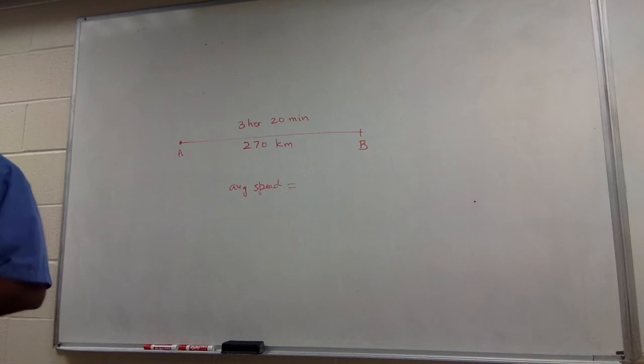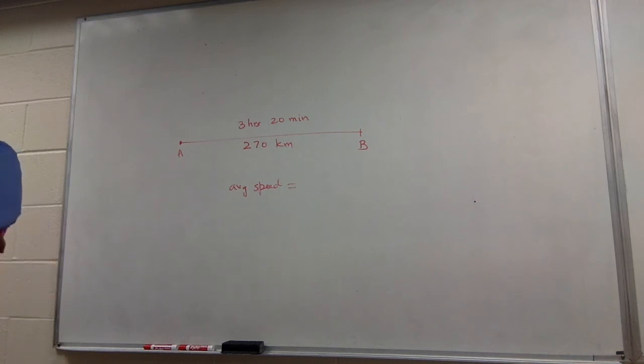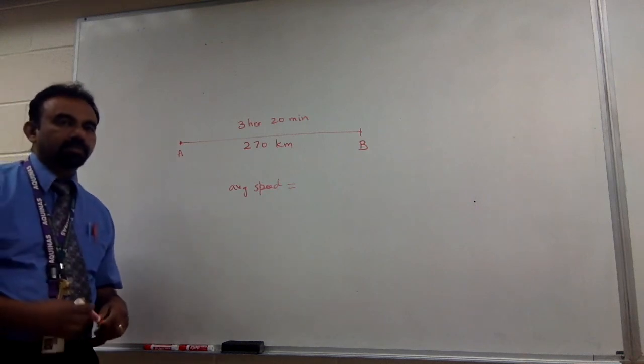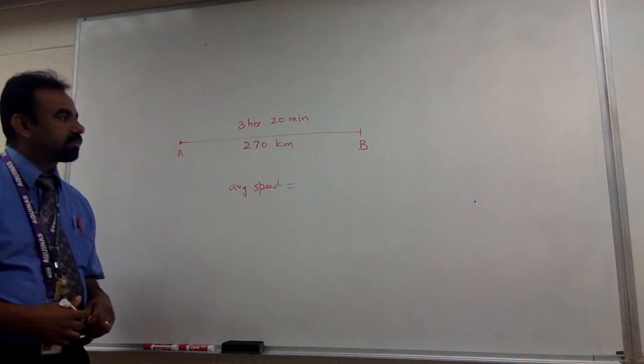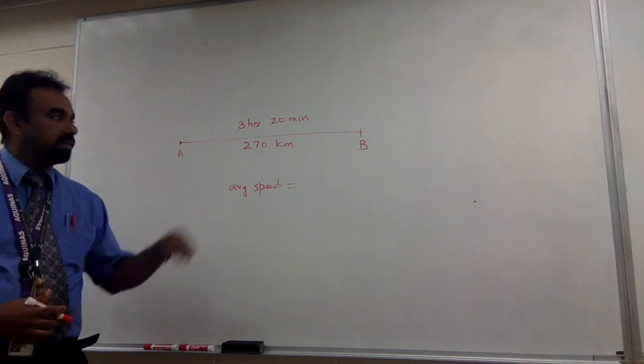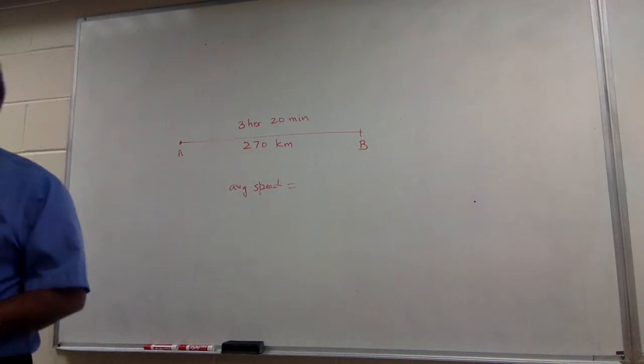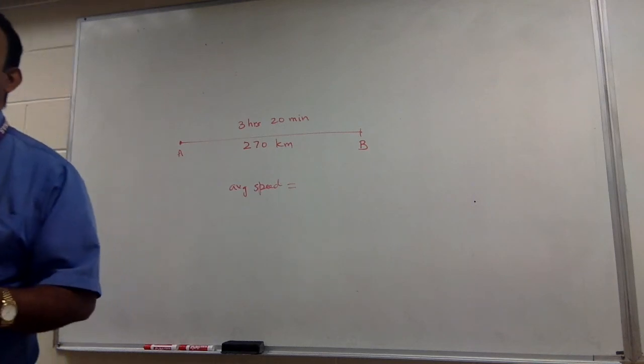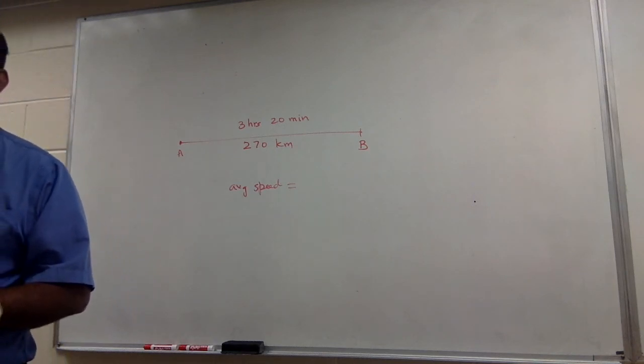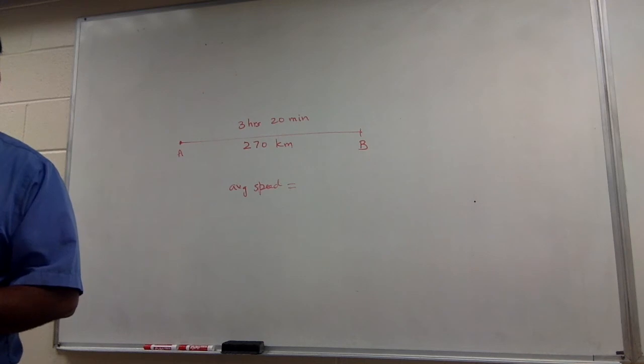What's the average speed? Now everybody must work with your calculator as we are doing it. I'm not going to do all the calculations. You do the calculations and let me know. I'm going to go with my calculator. What's the definition of average speed? Total distance over total time.